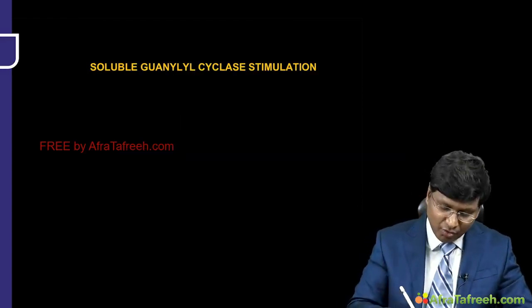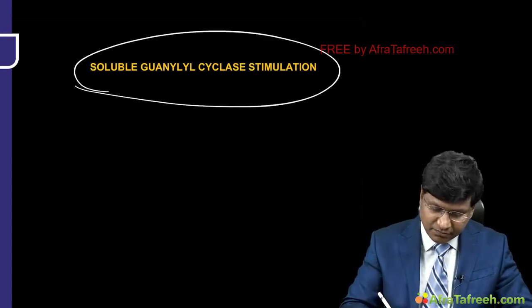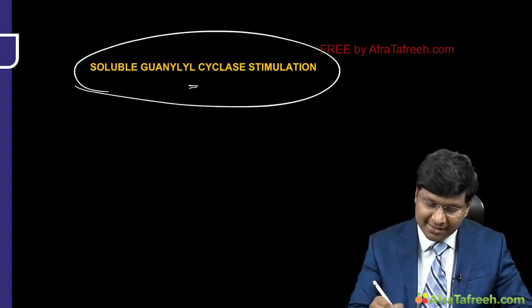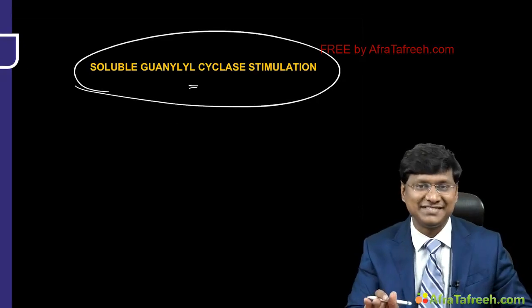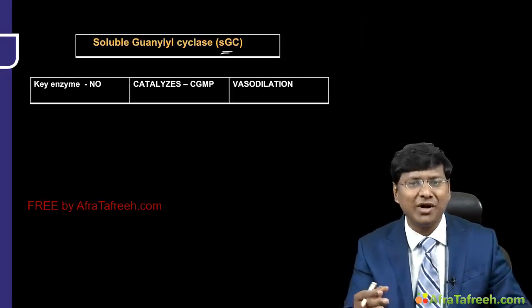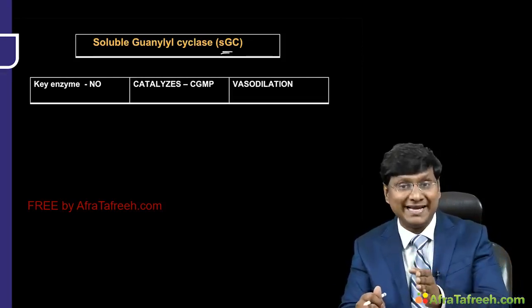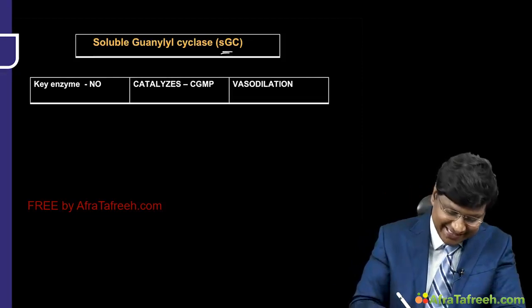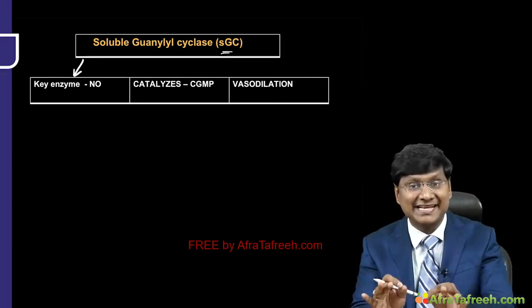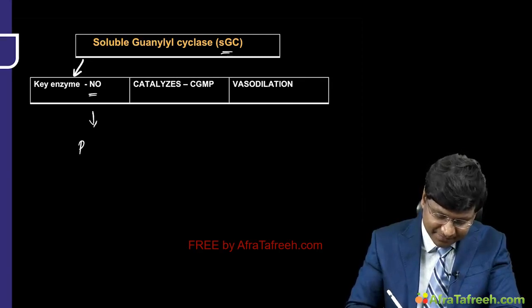Now we have one more group of drugs, and that is soluble guanylyl cyclase stimulators. What is its importance? Let me tell you. Soluble guanylyl cyclase is the key enzyme of the nitric oxide signaling pathway.